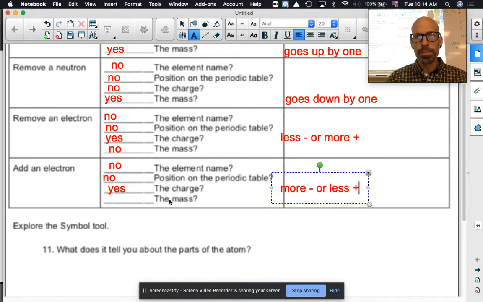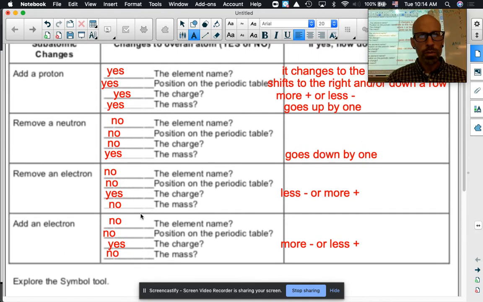That makes sense. Because if it's already positive and you start adding negative to it, it's going to become less positive. And if you get past neutral, then it's going to start becoming more negative the more negatives you put in. And again, is the mass affected by the electron? No.